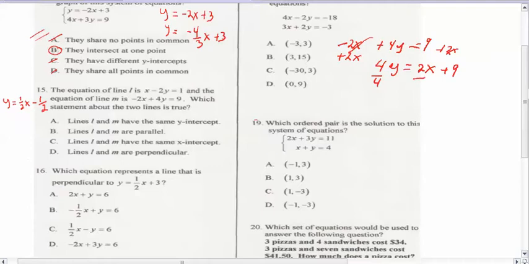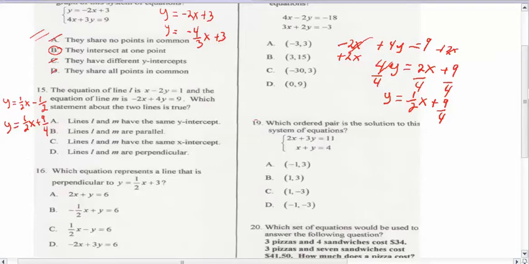Divide by 4, divide by 4, divide by 4. y is equal to 2 over 4, which is 1/2 x plus 9 over 4. And I'm just going to leave it like that. So now I have y is equal to 1/2 x plus 9 over 4. Okay, these two are what I'm going to be looking at.